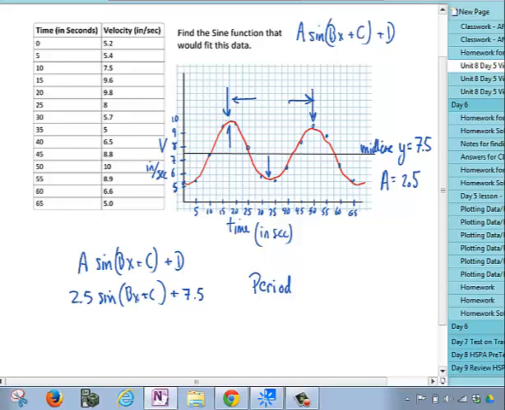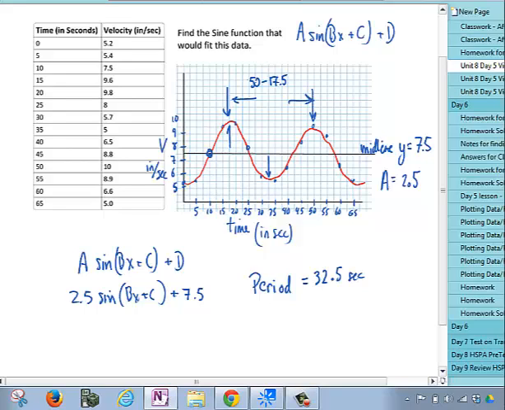In this case, it looks like it was from about 17.5 seconds to 50 seconds, and so my period would be 32.5 seconds.